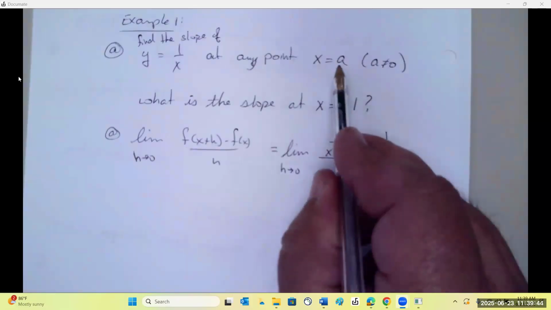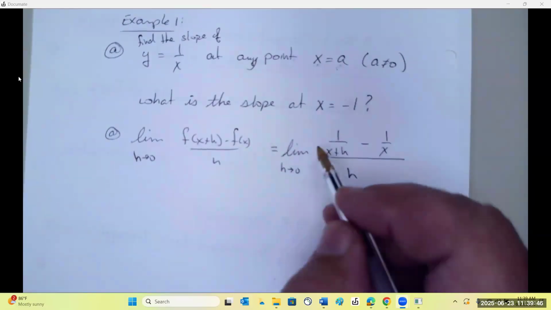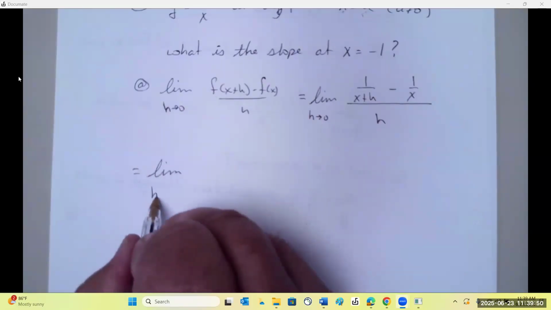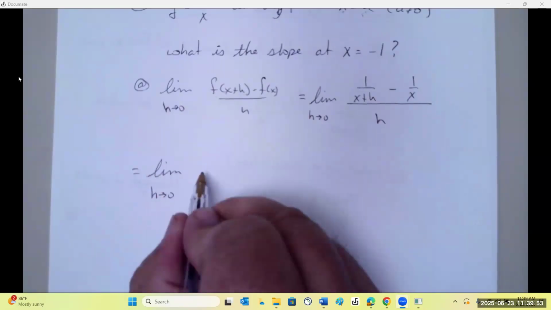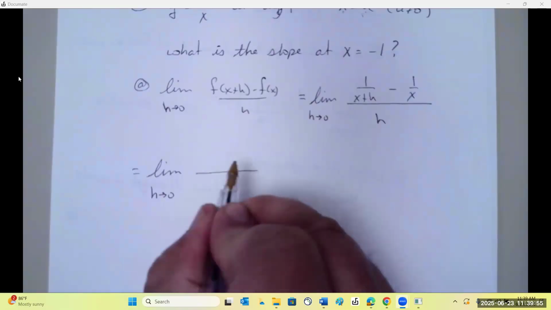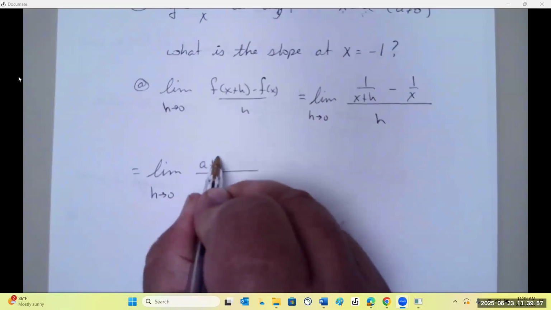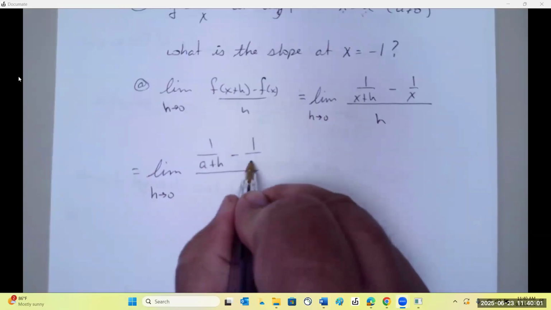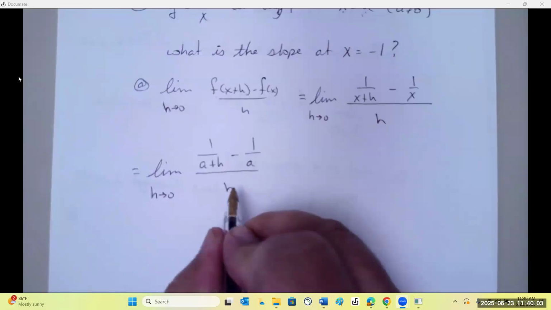But it's saying here x equals a. So what we have now is the limit as h approaches 0 of 1 over a plus h minus 1 over a, all over h.